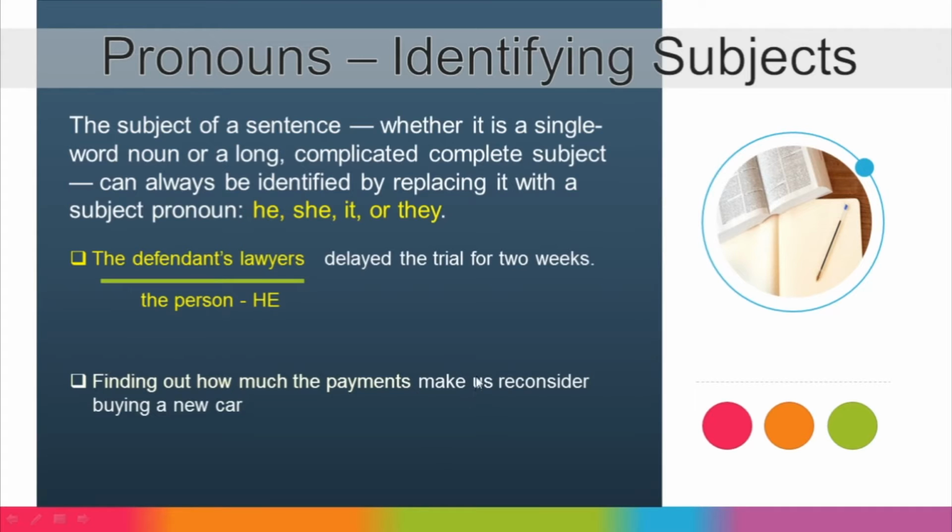However, you would know that this make here is a verb, a verb 1. Therefore, it must be the main verb of this sentence. Anything before that will probably be the subject. Now, in this case, finding out how much the payments can actually be replaced with the pronoun it, as it is something that makes us reconsider buying a new car.